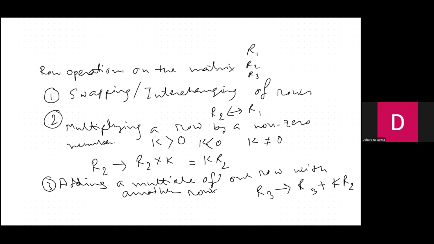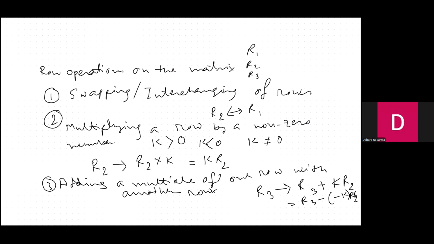So these are the three row operations that are allowed. Here you see in case of row operation 3, there is no provision of subtraction. So what we can do is R3 plus minus k into R2. That is allowed.